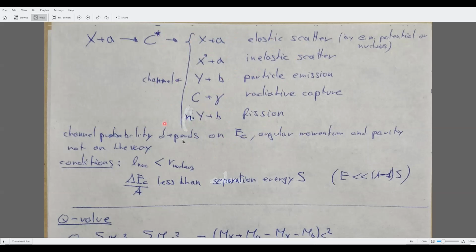The probability of a channel is given by the energy of the excited compound nuclei, the momentum, parity, but not how it's produced. If two ways produce the same nuclei excited with the same energy and same physical characteristics, the channels have the same probability.